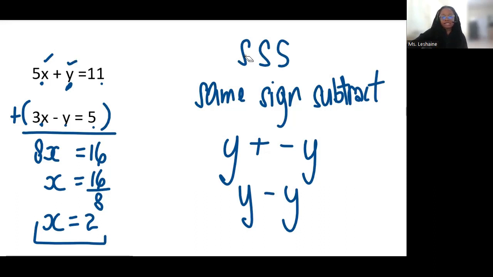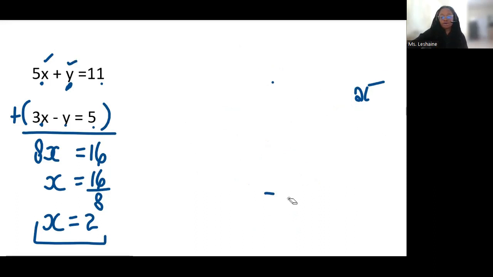Now that I have x, I can easily find y by means of substitution. I can take any one of the equations that I have. I can take the 5x plus y equals 11, or I could take the 3x minus y equals 5. I will choose the top one.